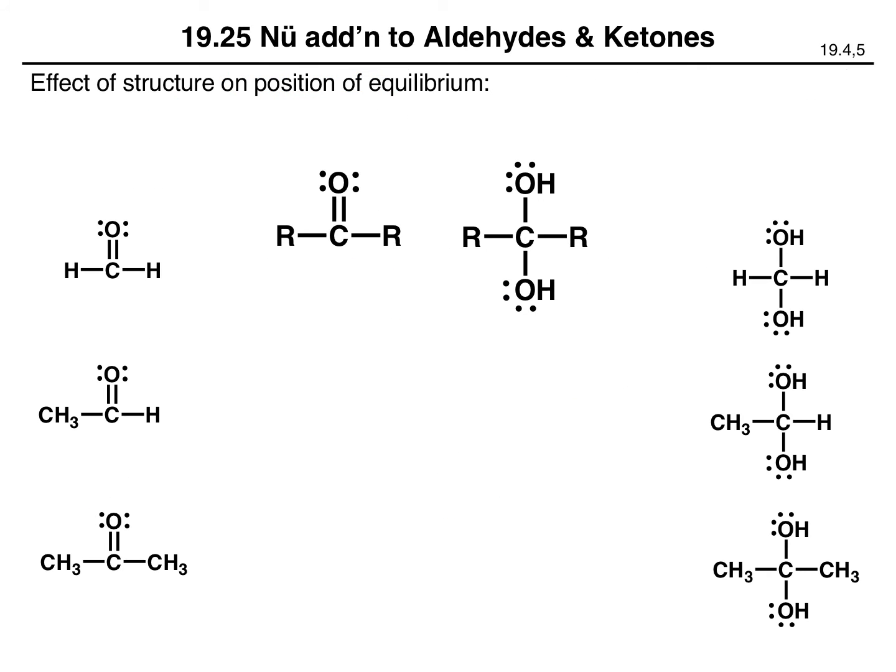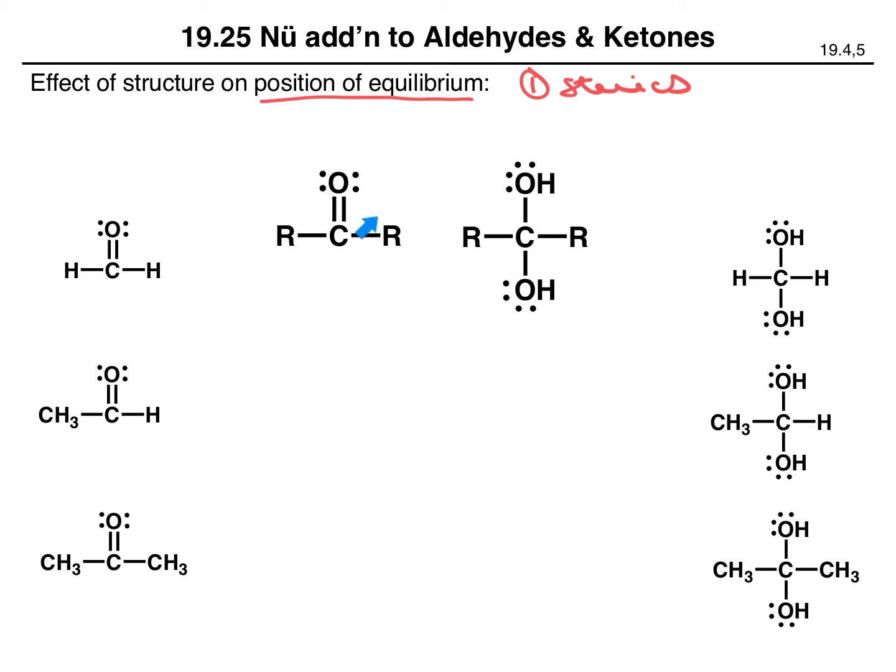So as we consider the effect of structure on the position of equilibrium, we want to consider number 1, sterics. So if we think about our starting material, here we have our groups at 120 degrees. So having a hydrogen versus an alkyl group, either way, we've got plenty of space.